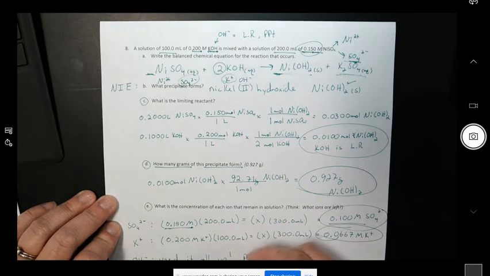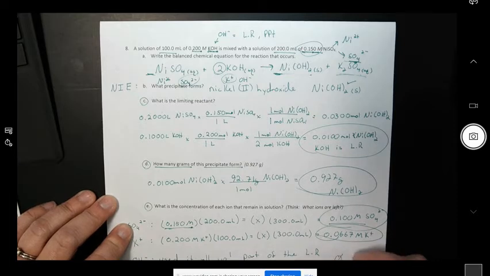It was used to form the precipitate, PPT. So we literally have no hydroxide ion left. All right.